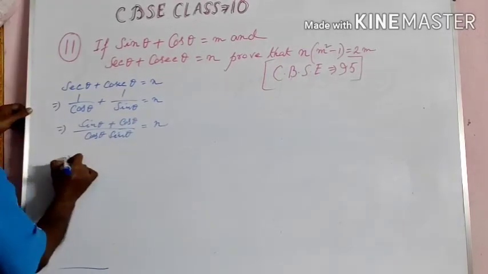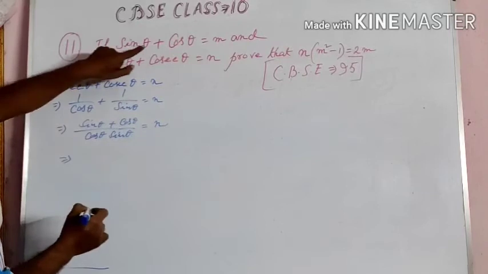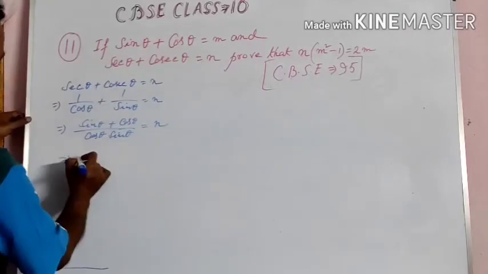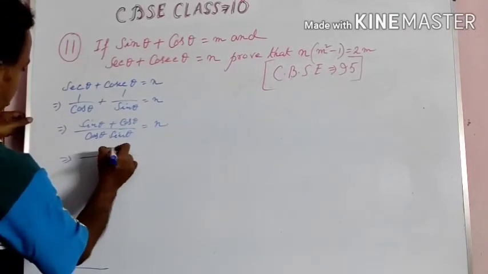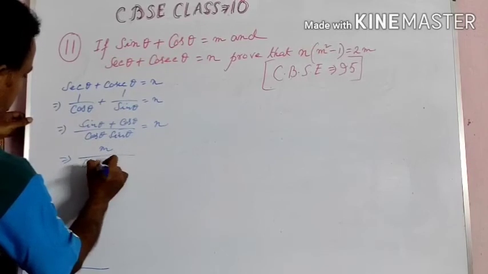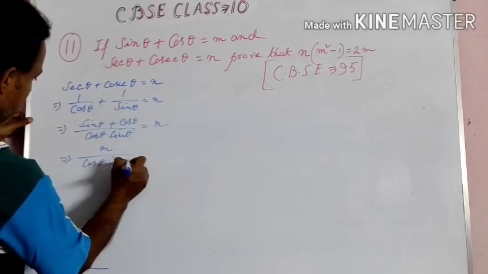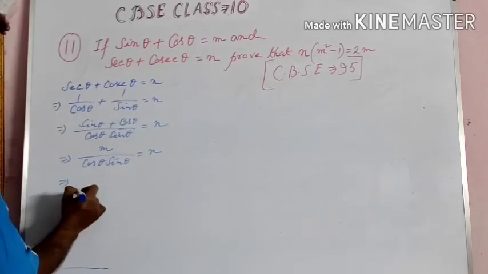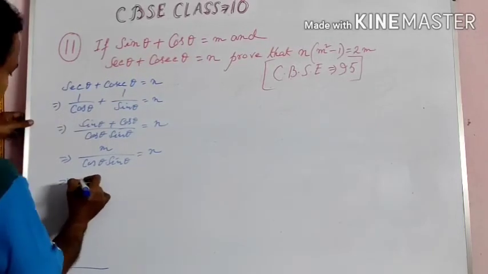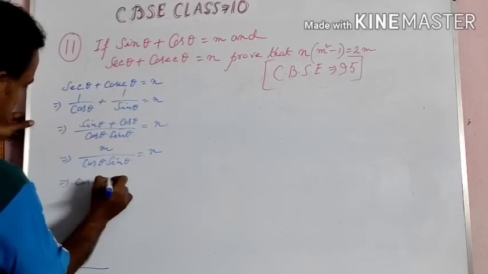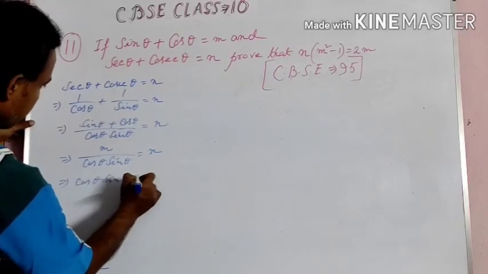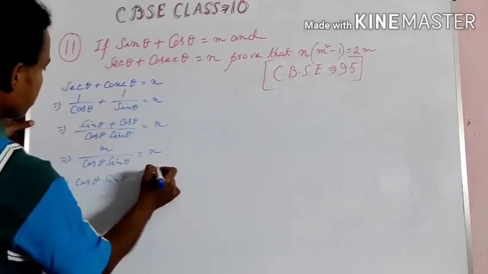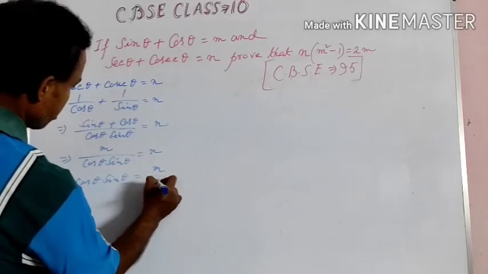Or, cos theta plus sin theta is equal to m, so m by cos theta into sin theta is equal to n. Or, cos theta into sin theta is equal to m by n.